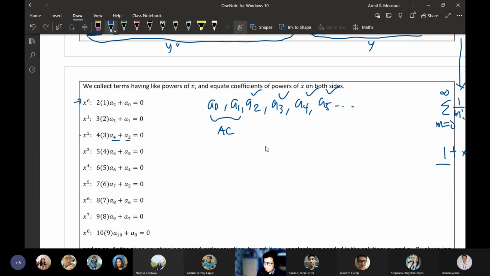Si A2, kaya kong i-express in terms ng A0, based dito sa x raised to 0. Now, based sa x square, si A4, kaya kong i-express kay A2. Which in turn, si A2, kaya kong i-express din sa A0. So therefore, pwede kong i-express si A4 kay A0. Nag-gets yung logic, yung ginagawa ko.